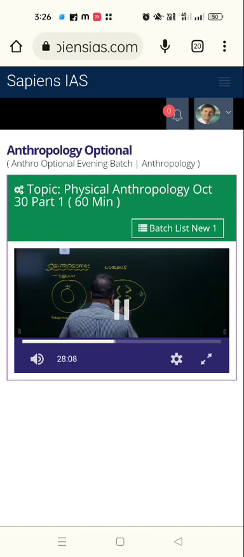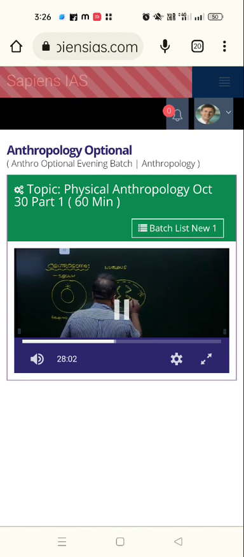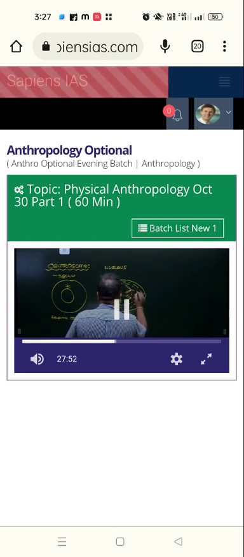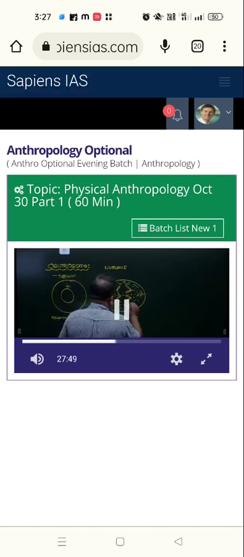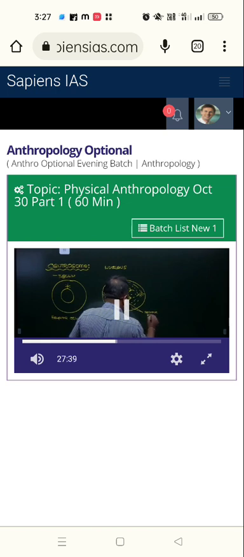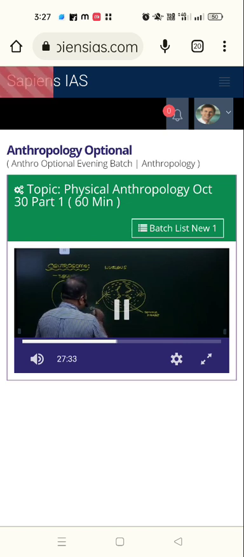This is the centrosome. These are spindle fibers. And these are called centrosomes. So this is one centrosome, this is another centrosome.